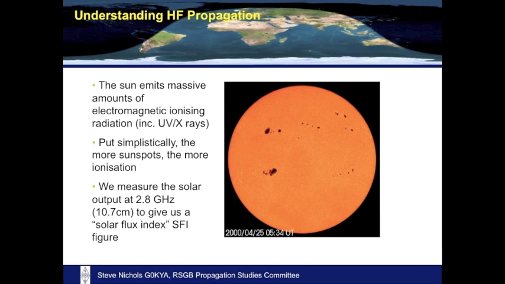And there's a strong correlation between that SFI figure and the amount of ionizing radiation coming off the Sun. Just to be clear, it's not the radiation at 2.8 gigahertz that ionizes our atmosphere. It's actually the ultraviolet output, and we just find there's a strong correlation between the 2.8 gigahertz output and the UV output, so that's the figure that we can use.